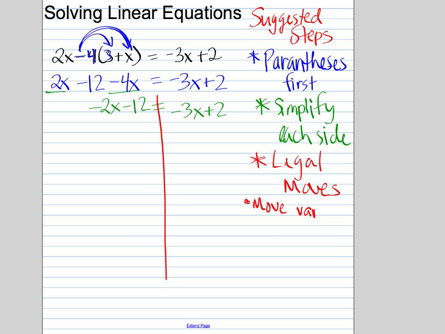It's a good idea to always get those together. So I'm going to do that as my first step. It doesn't matter which one I move, I'm going to move the 2x. Now I made a 0 pair here, which was my goal. I copied my -12, and I have -1x plus 2.